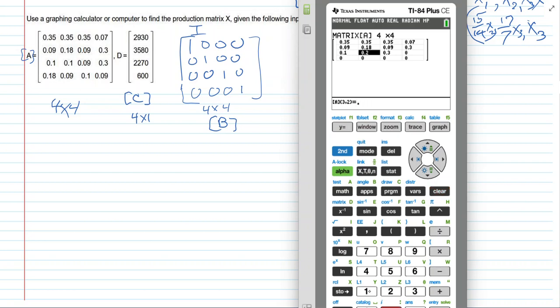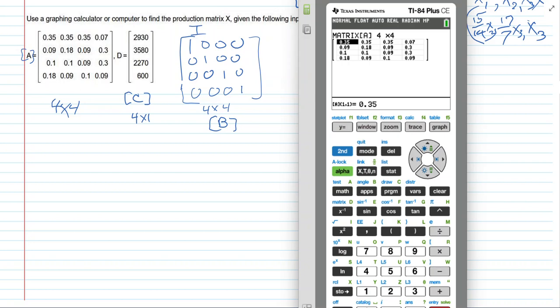It's decimal 1, decimal 0.9, decimal 3, and my last row, decimal 1.8, decimal 0.9, decimal 1, and decimal 0.9. All right, so I'm looking at it, making sure that I've got all my decimals correct there.